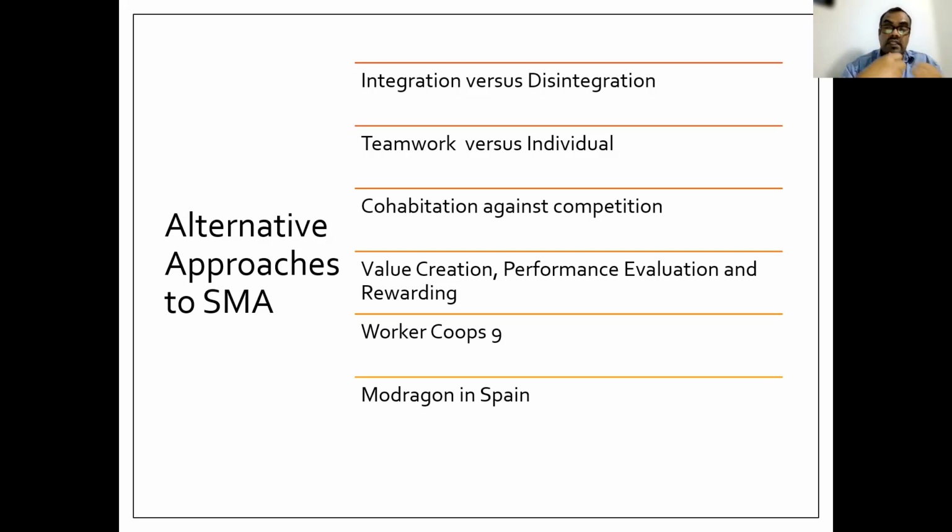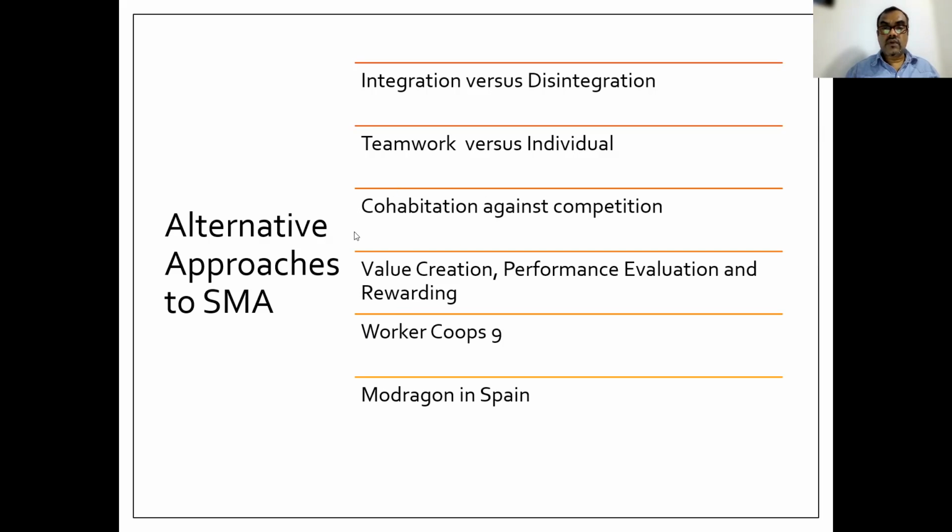Lots of rifts can be seen, not within the same entity, but the entity also has different units, departments. Even within the same department, lots of threats are there. It is very difficult to implement an information sharing culture. Why? You are rewarded individually, not as a team. However, if you can promote teamwork against individuals, lots of research has found that more value can be created than by promoting individual value maximization.